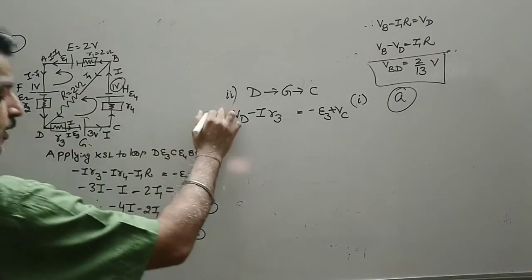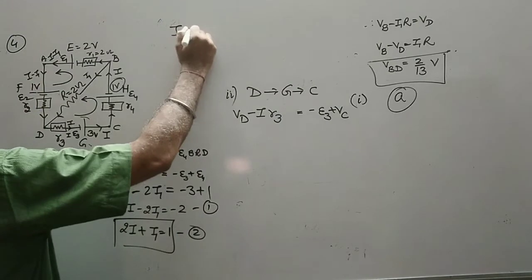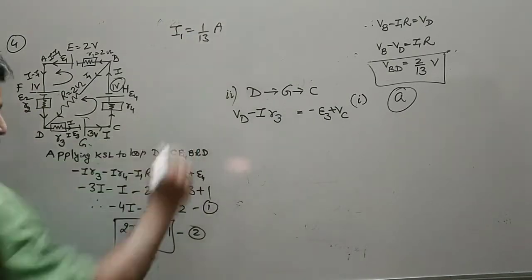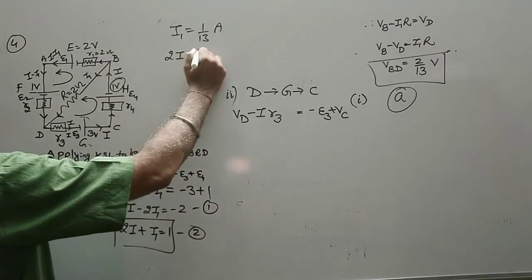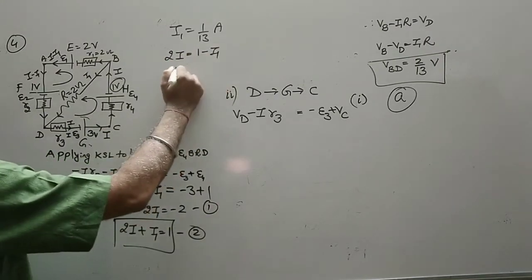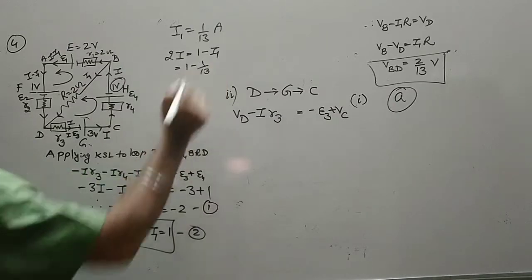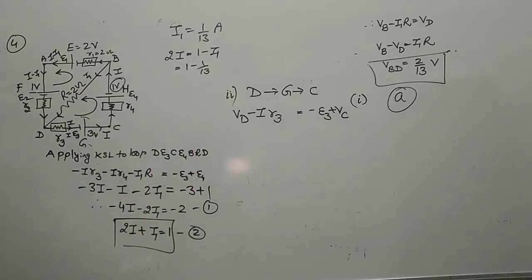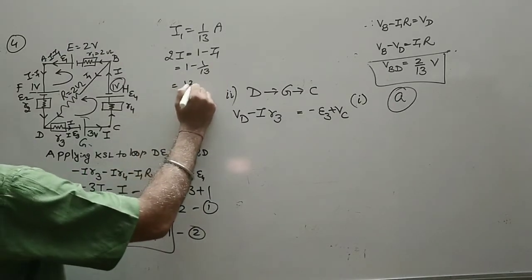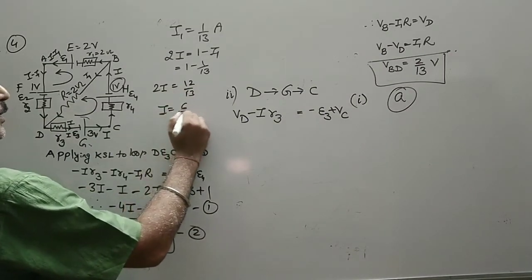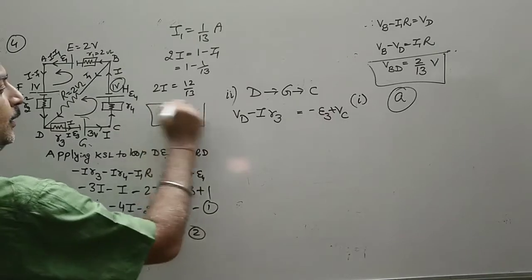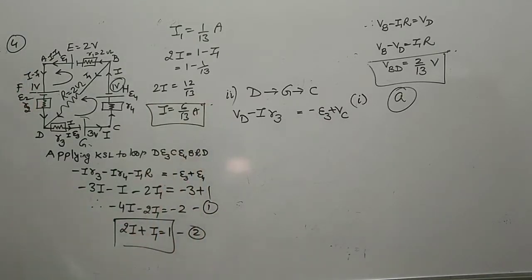To continue the second part, I1 we obtained as 1 by 13 ampere. From this equation we know 2I will be equal to 1 minus I1, that is 1 minus 1 by 13, equal to 12 by 13. So I will be equal to 6 by 13 ampere, which is the total current in the circuit.